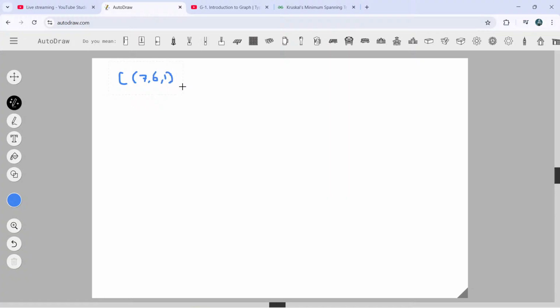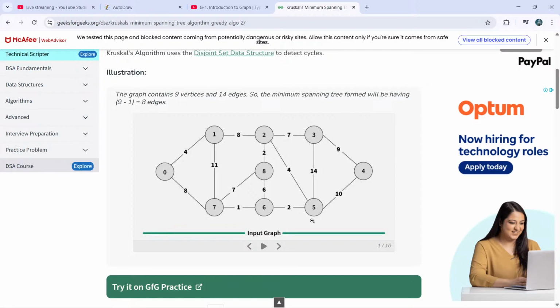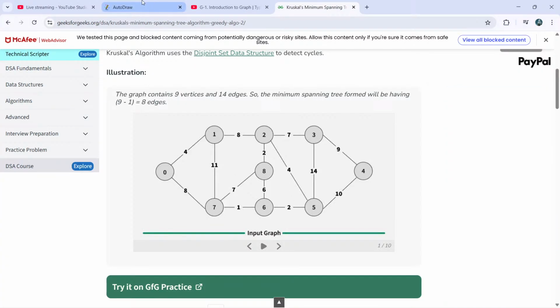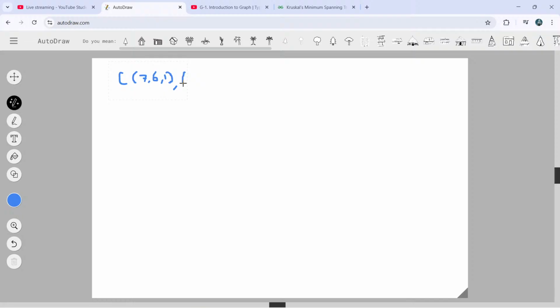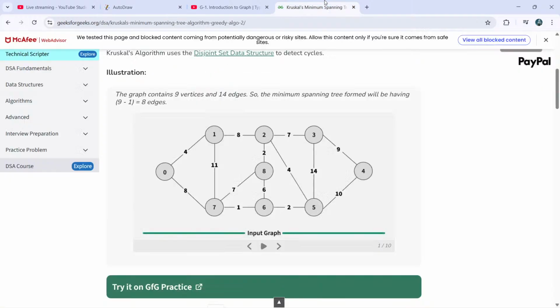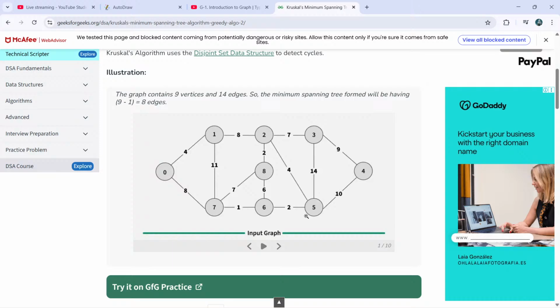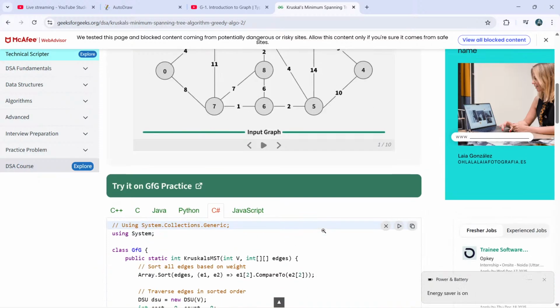Similarly, next is 6, 5 and the weight is 2. And then we have 2, 0, 1 and 2, 5.